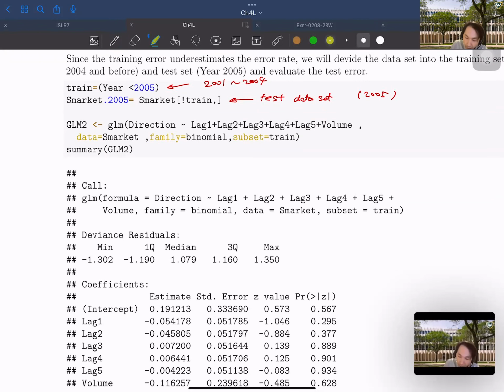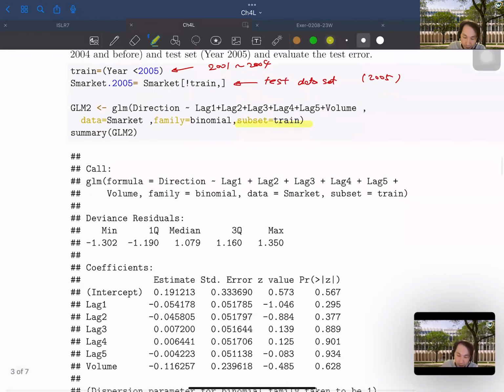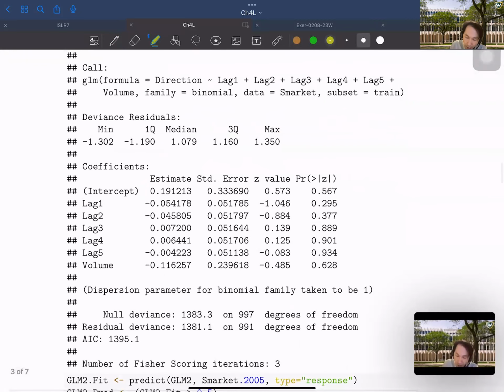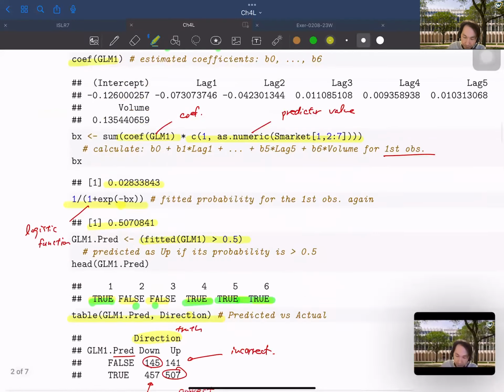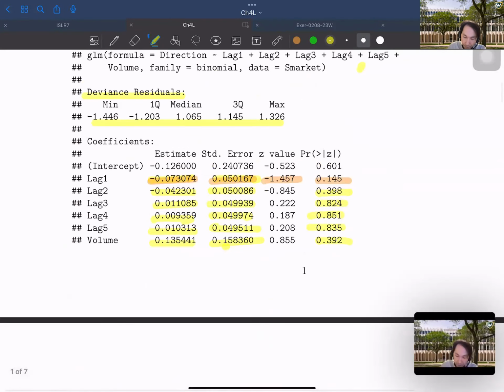So here we only use the training set to fit the model. And it looks like the coefficients are totally different. You can see, for example, these coefficients. We can compare this with the original model: negative, negative, positive, positive, positive, positive.